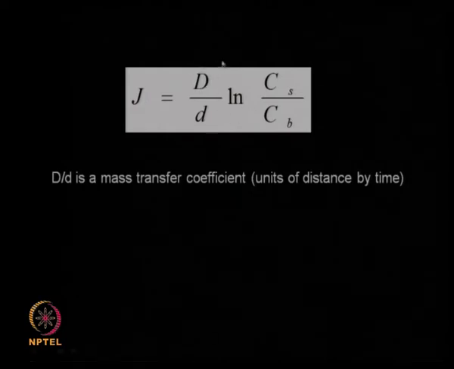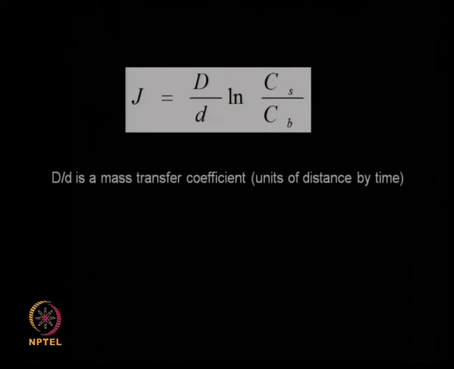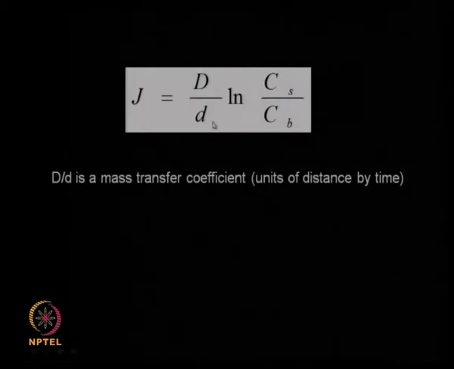Now D is the diffusion coefficient, and this d is the thickness of your boundary layer. D by d is called the mass transfer coefficient, and it will have units of distance by time.